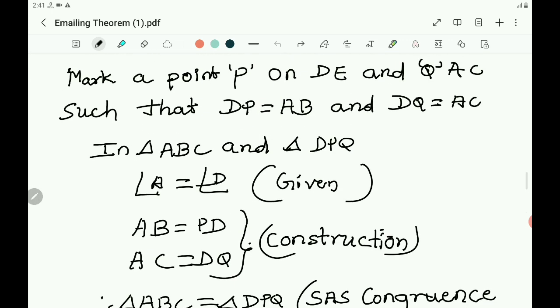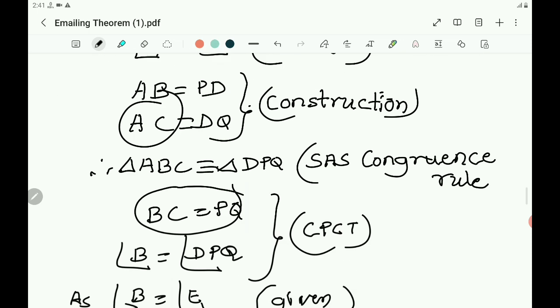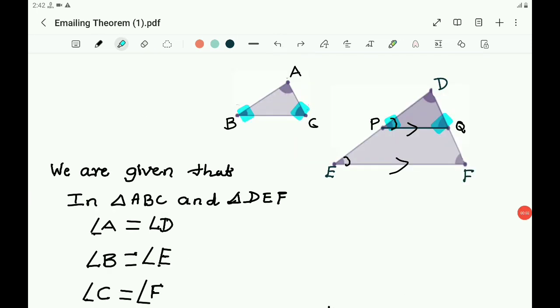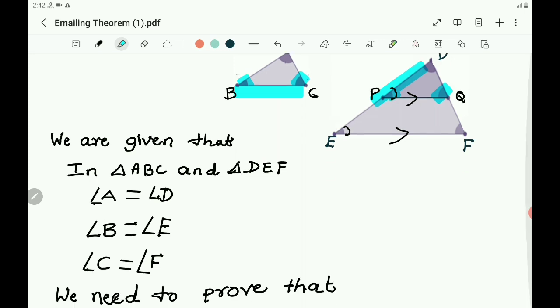In the figure also we can observe the same. PD is to be replaced by AB, DQ by AC and PQ by BC according to the construction and proof.